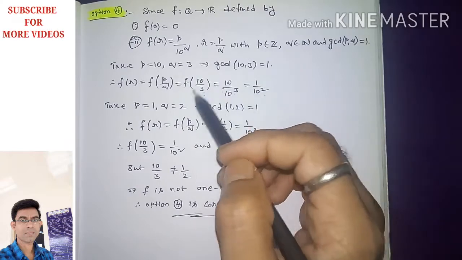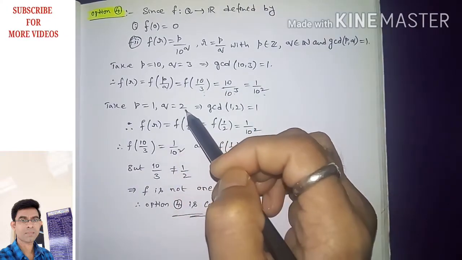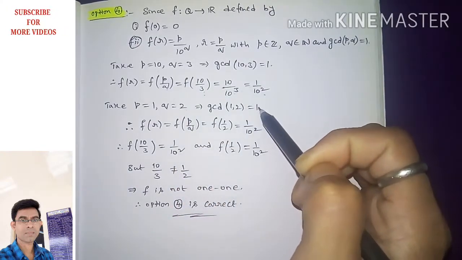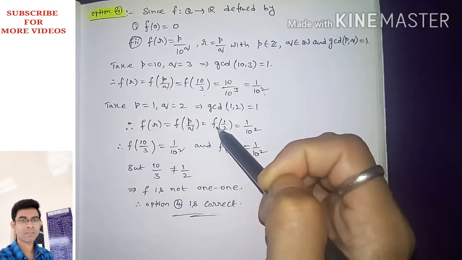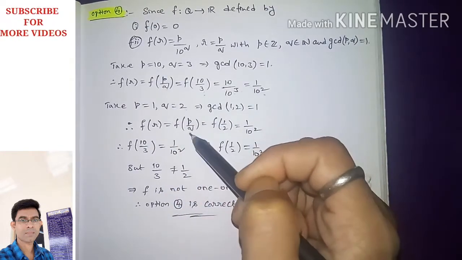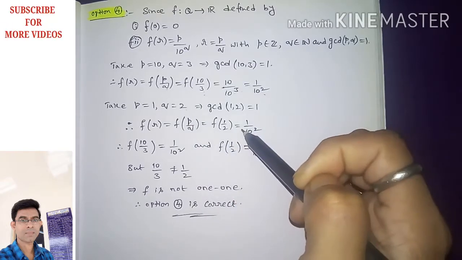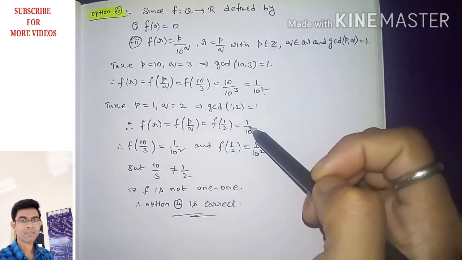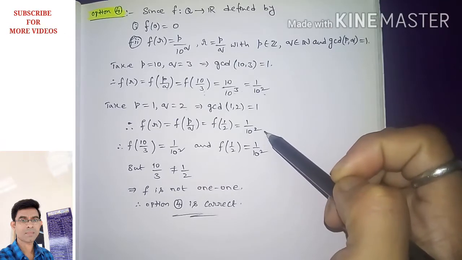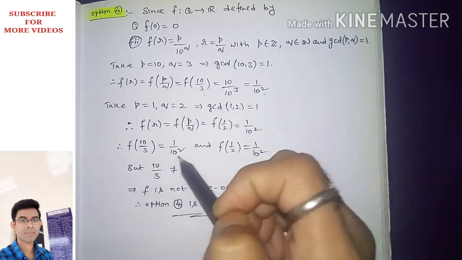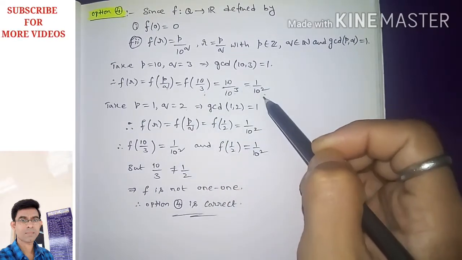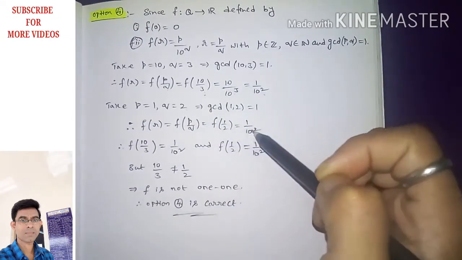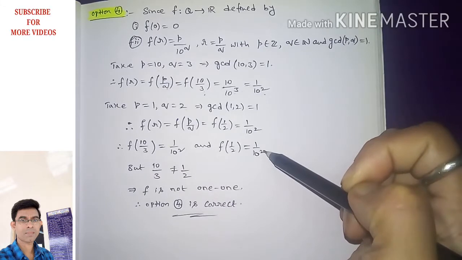Now take p is equal to 1 and q is equal to 2, then GCD of 1 comma 2 is equal to 1. Again f of r is equal to f of p by q, with p equal to 1 and q equal to 2. So f of 1 by 2 is, by definition, equal to 1 by 10 square. So here we have f of 10 by 3 is equal to 1 by 10 square and f of 1 by 2 is equal to 1 by 10 square.